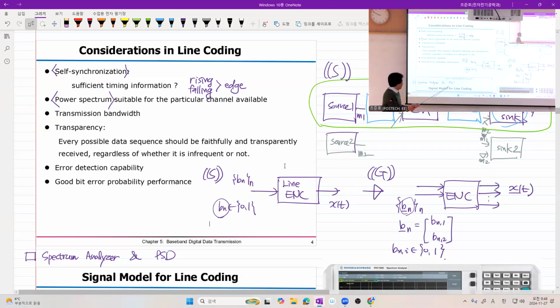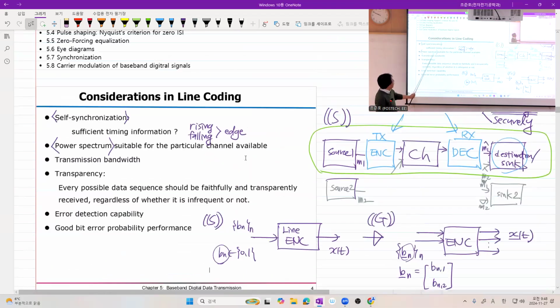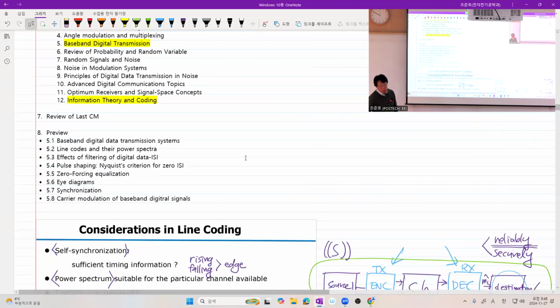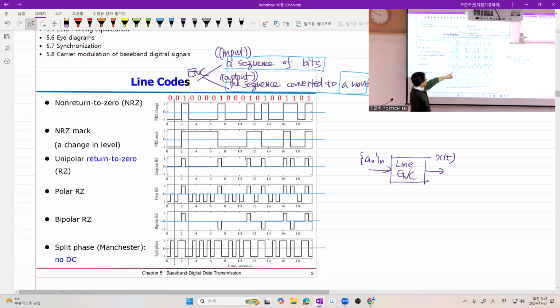Now, as we talk about, sorry about that. Yeah, here. Power spectrum and self-synchronization. As you've studied in some digital circuits course, some signals have, for example, let's see this.